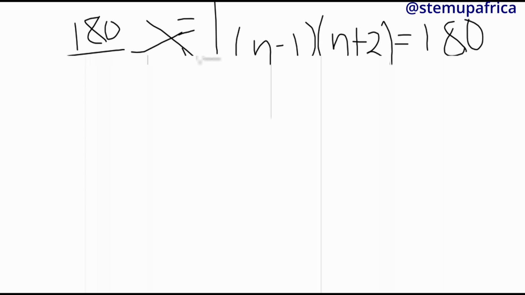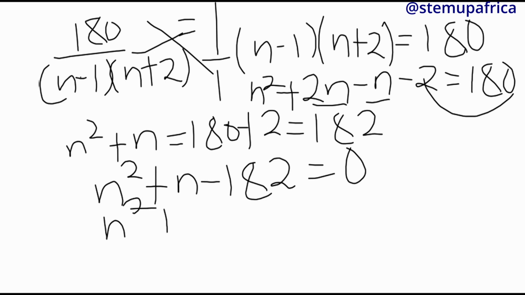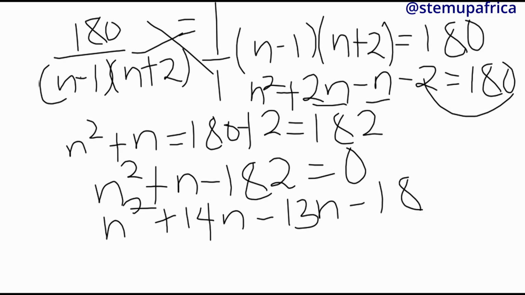If you think of the factors, they would be 14 and 13, positive 14 and negative 13. So I will use positive 14 and negative 13 to replace 1. So I'm going to have n squared plus 14n minus 13n minus 182 equals 0.